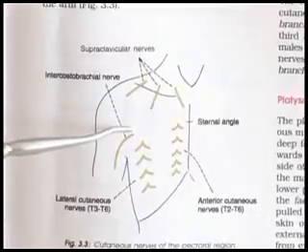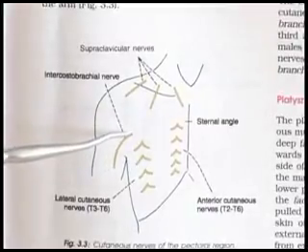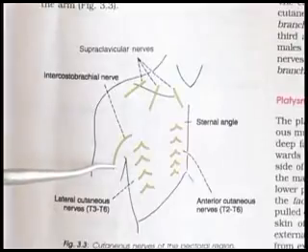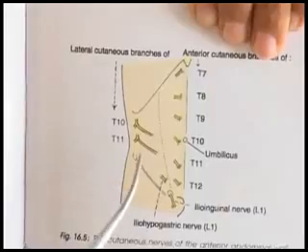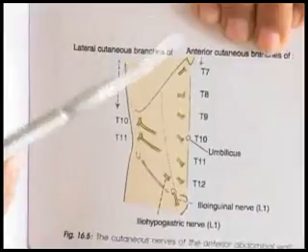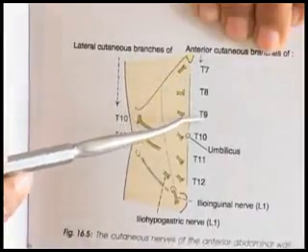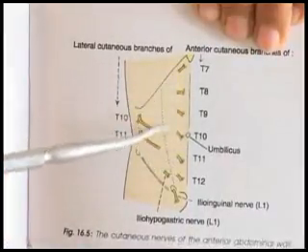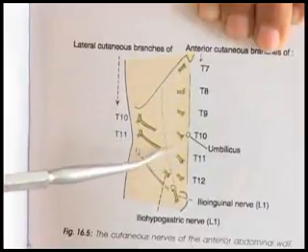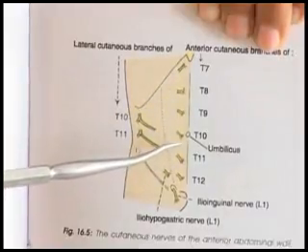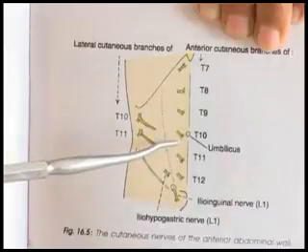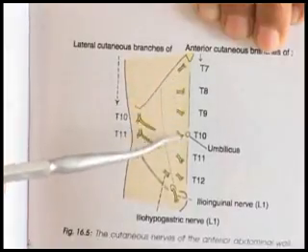T2, or thoracic 2, gives a lateral cutaneous branch which supplies the skin of the axilla. Thoracic 7 to thoracic 11 enter the anterior abdominal wall to supply the skin, muscles and parietal peritoneum. These are known as thoraco-abdominal nerves.